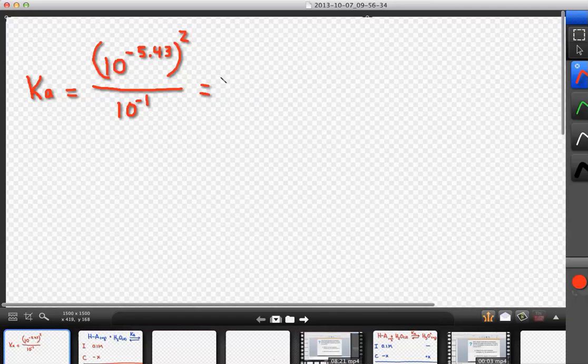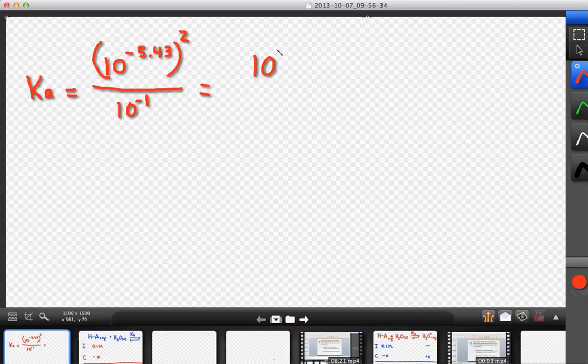And as I simplify, I have 10 to the minus 10.86 divided by 10 to the minus 1. And even though this isn't in fully simplified form, I think you'll get to the point that it's 10 to the minus 9.86.